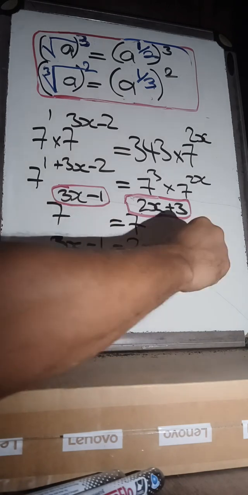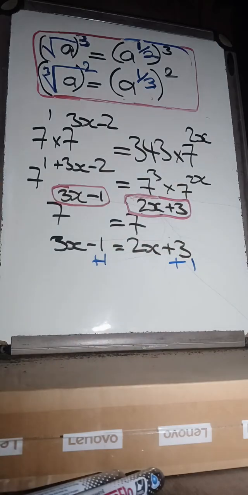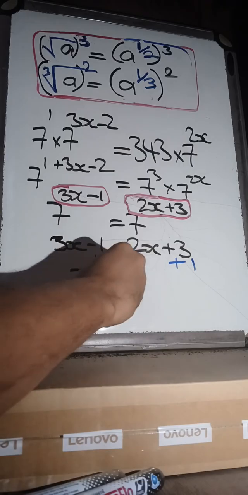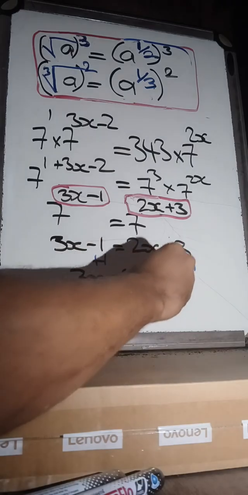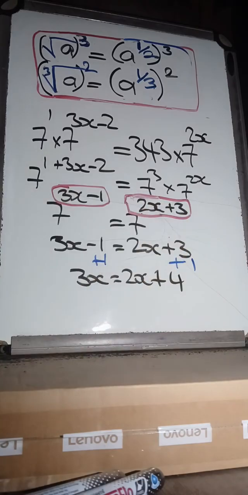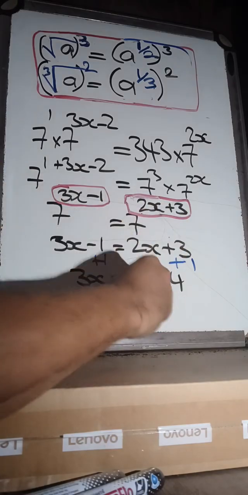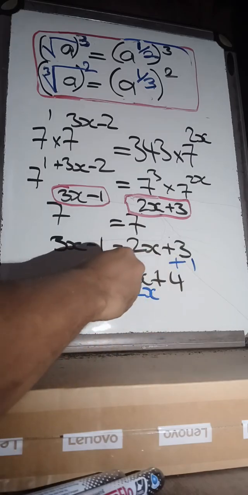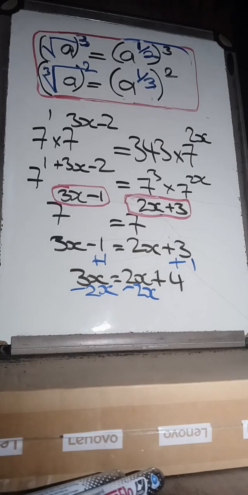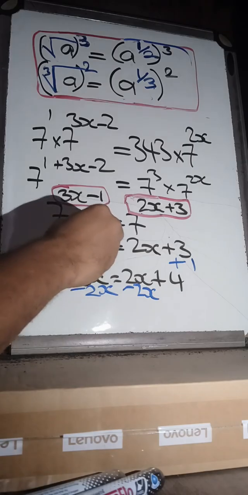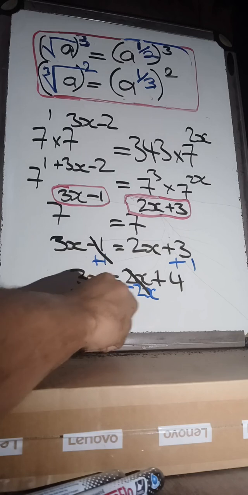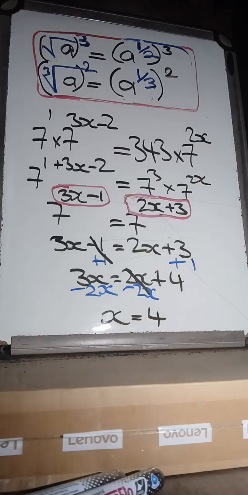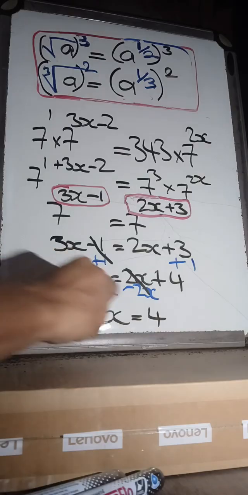Add 1 to both sides, resulting in minus 2x from both sides, resulting in zero plus 4 being just 4.